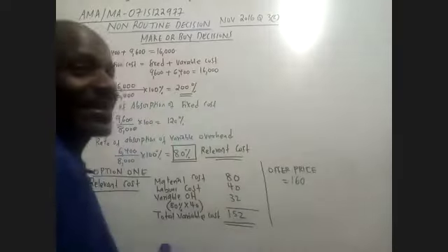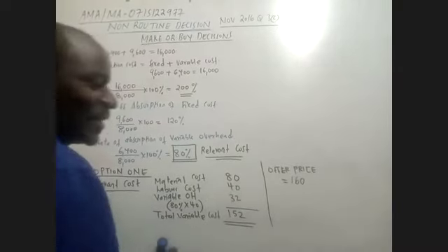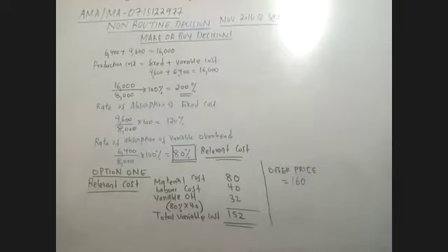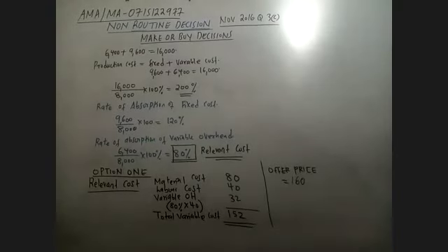Regarding what we wrote as replacement analysis, that one is in advanced FM. It was removed from the syllabus of MA. It is now in advanced FM, we shall do it in FM, so don't worry about it. The rest you shall find in FM.